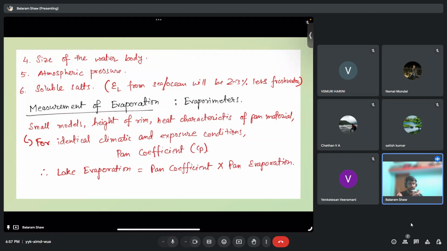Yeah, so we can do this. The question is, a canal is 80 kilometer long and has an average surface width of 15 meter. If the evaporation measured in a class A pan is half centimeter per day, the volume of water evaporated in a month of 30 days is how much in meter cube? I'll give maybe 2 to 3 minutes.